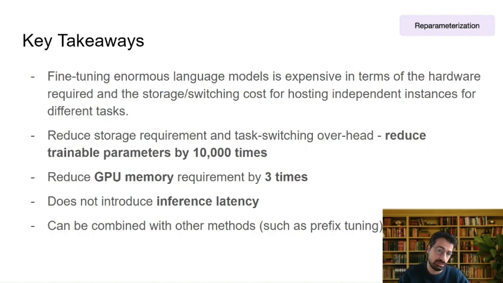So imagine the saving you're making here. You have 10,000 times fewer parameters to fine tune compared to conventional fine tuning. The GPU memory requirement is reduced by 3 times. It does not add any inference latency, and on top of that, it's orthogonal, which means it can be combined with other methods, such as prefix tuning or other methods that we saw earlier. So it's now widely used, and we're going to see later how we use it also in our code.